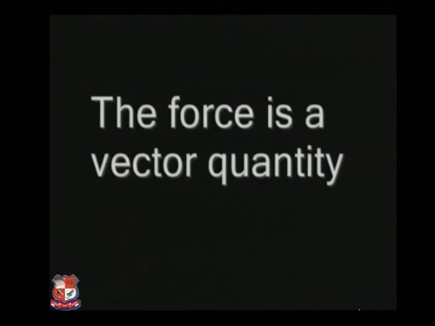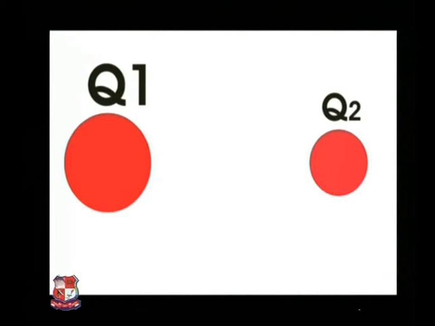The force is a vector quantity, which means it has direction in addition to its magnitude. Here the force acts along the straight line joining the centers of the charged bodies. Now if you increase the charge Q1 keeping Q2 unchanged, the force is obviously increased.